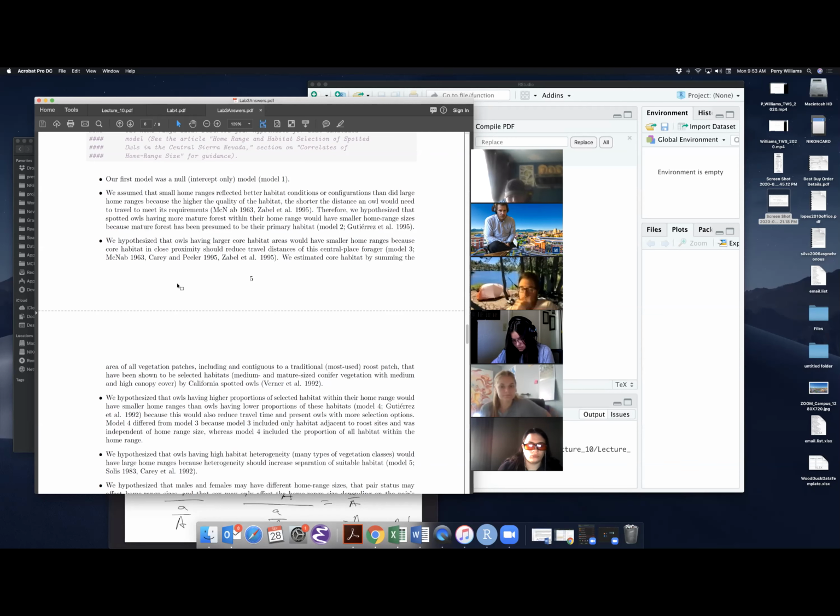I would say for this class, and this lab particularly, you don't necessarily need to find literature to support your hypotheses, but it's a good place to start and to think about what hypotheses you want to develop. So this is an example of what a 100% solution would be on a lab assignment or an exam.